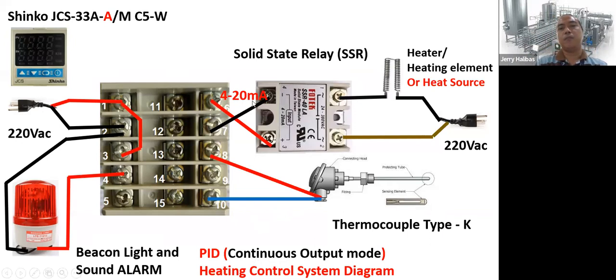That's why 4 to 20 milliamps is referred to as analog. But if it is only 0 and 1, or 0 or 12 volts, it is a digital output. So the PID system can be implemented using either analog or digital output.